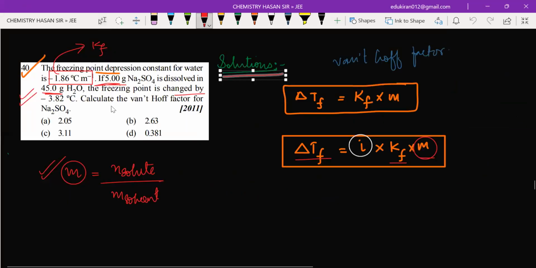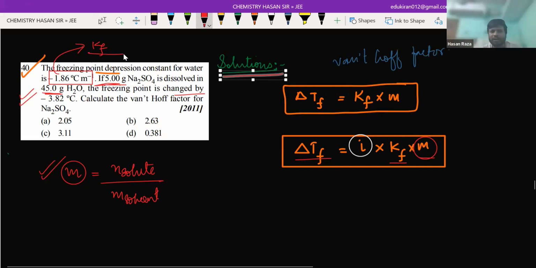Yes, sir. Okay, so you can see this is your KF. With the help of the given mass of solute and mass of solvent, you can calculate M, and you can see delta TF is also given. So directly you can apply the formula here and you will get it.